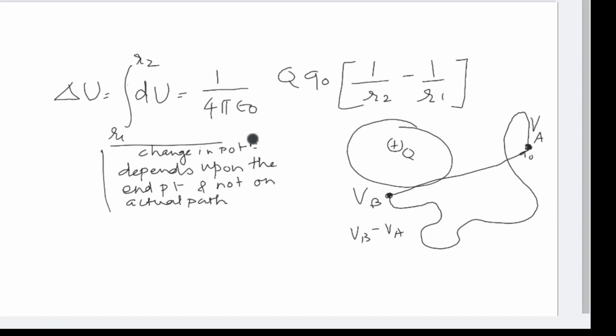This is important. Change in potential depends upon the endpoints and not on the actual path of the charge.